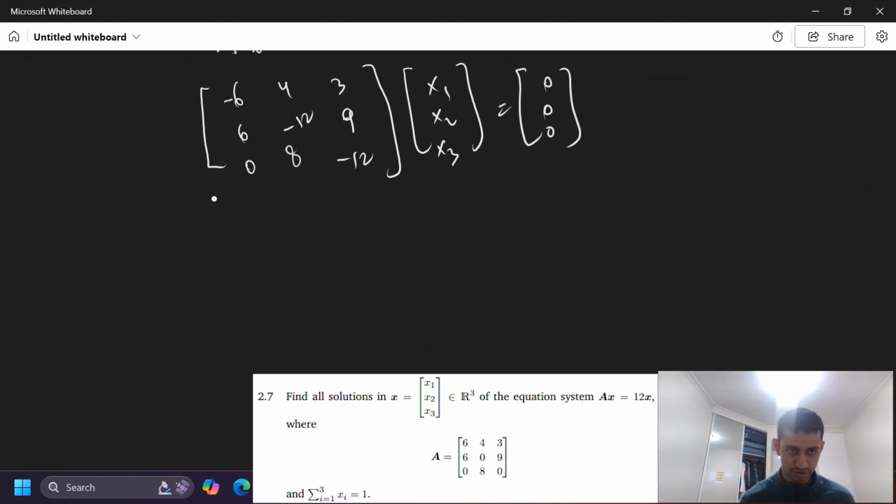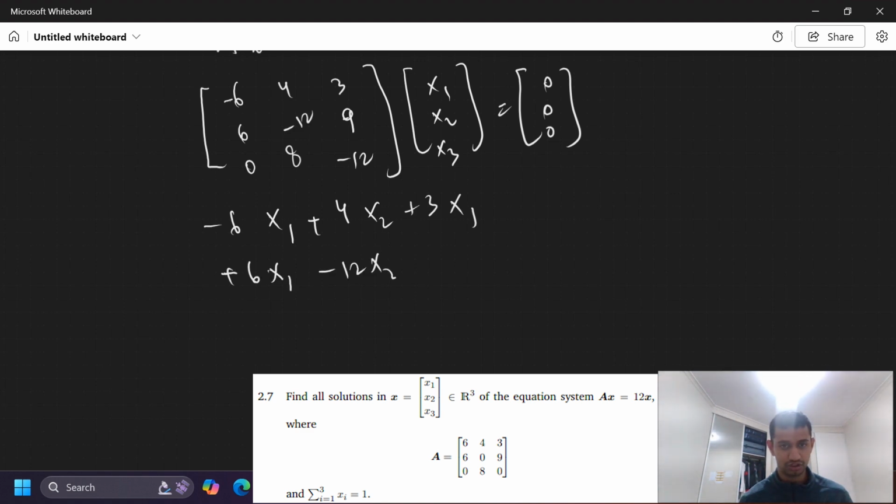And you solve this, so that would be negative 6 x1 plus 4 x2 plus 3 x3, 6 x1 minus 12 x2 plus 9 x3, sorry, this is x3, and these are all equal to 0, and 8 x2 minus 12 x3 is equal to 0.